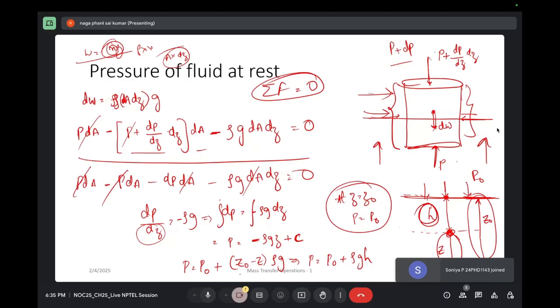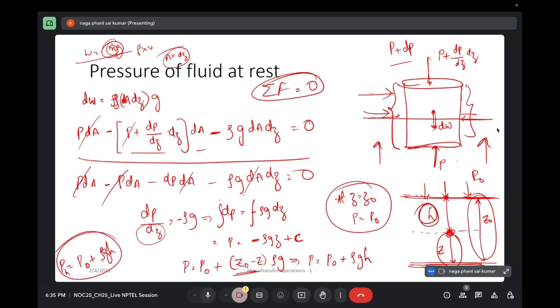So you can write Z naught minus Z as H. So this is how you calculate the pressure of a liquid at a certain depth. So pressure at a certain height H will be equal to atmospheric pressure plus rho G H.